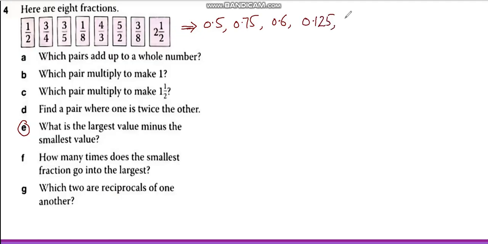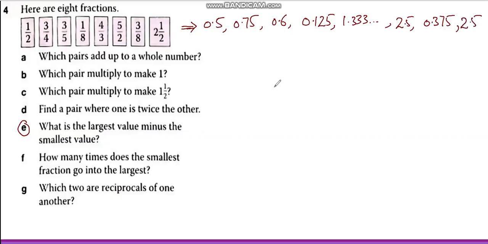And 4/3 will be 1.333 and so on. And 5/2 is basically 2.5. And 3/8 will be 0.375. And 2.5 is again 2.5.